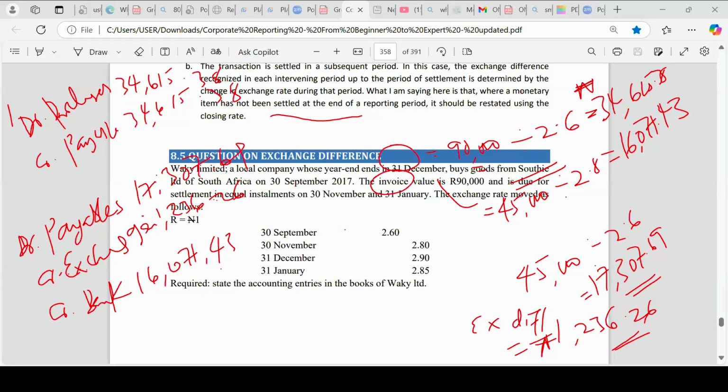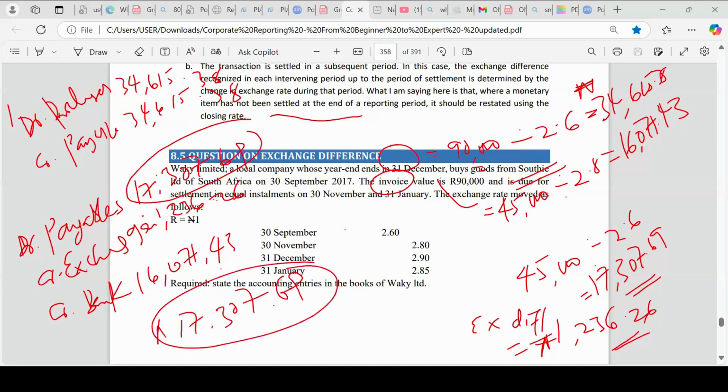Then 31st December, because it is our reporting date, I cannot carry the amount remaining as it is. It's into half. So we have another 13,307.69 naira in our books as payables. All right. So what I will do as at 31st December, when it is now 2.9, I can do one of two things.